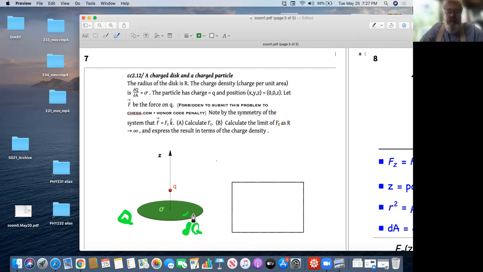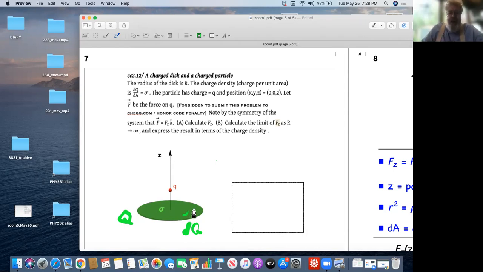So here's a little part of the disk. It's a little section of an annulus. An annulus is a ring with a thickness. So it's actually got an inner radius and an outer radius, so it's got two radii.